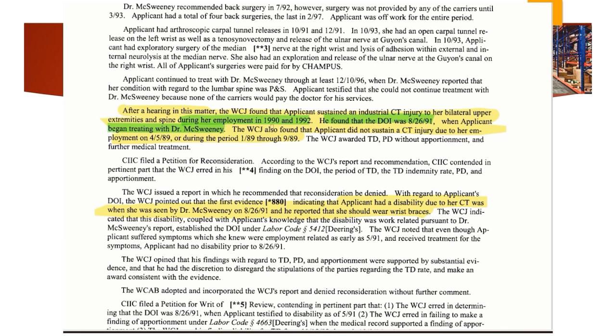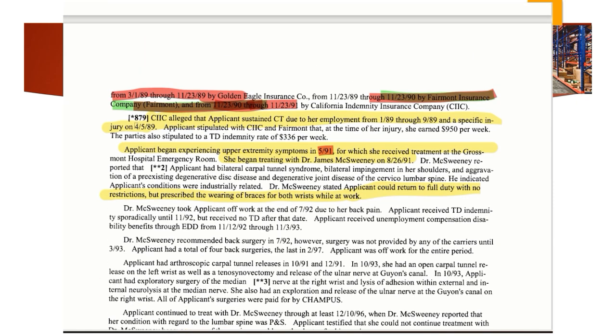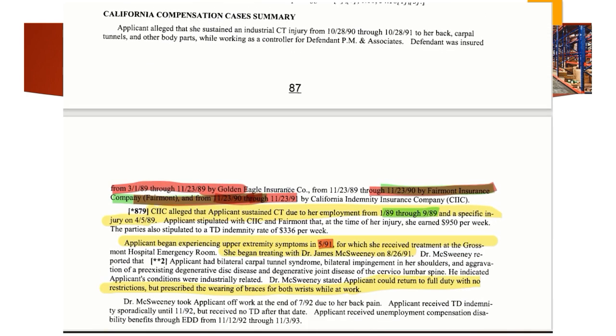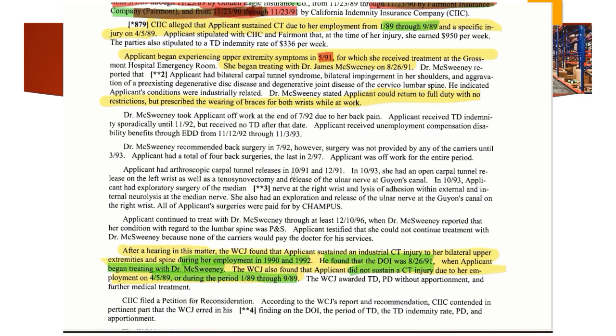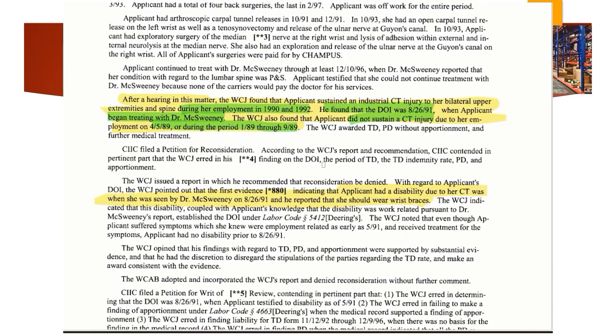Okay? The workers' comp judge also found that applicant did not sustain a CT injury due to her employment in 89 or during any period of time in 89, as was initially alleged up here by CIIC. So the first insurer, which is Golden Eagle, is now off the hook, and the dispute falls between Fairmont Insurance and CIIC. Okay, so let's continue.